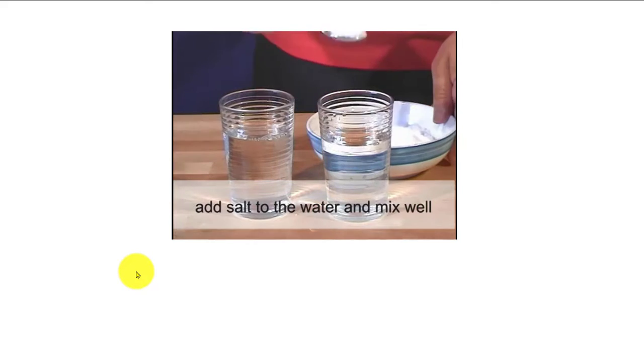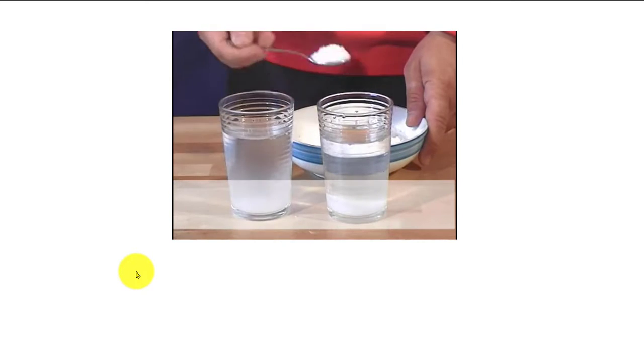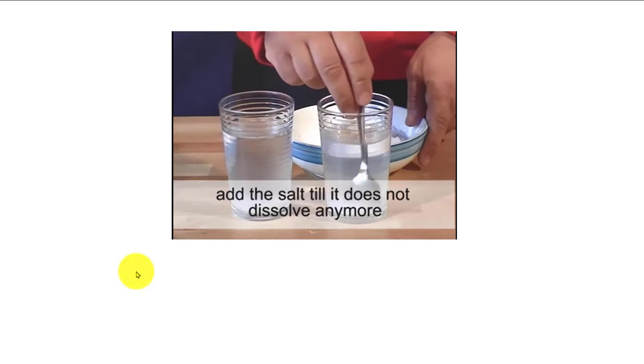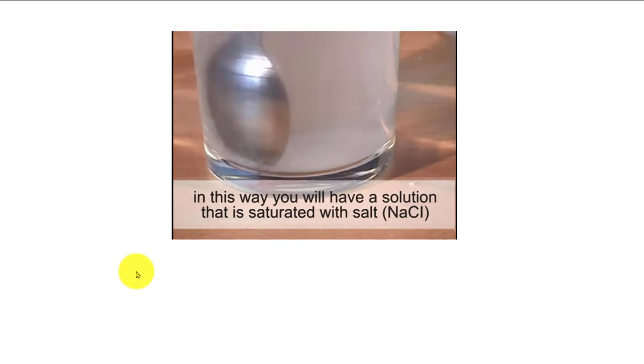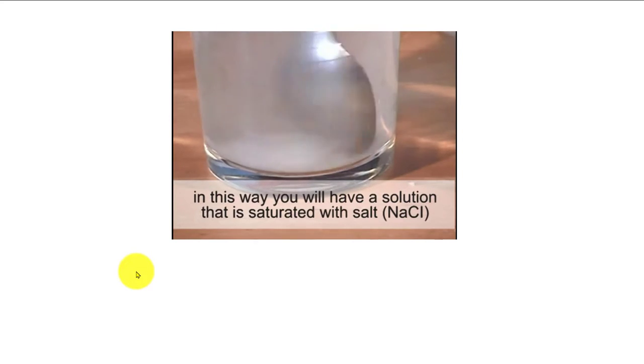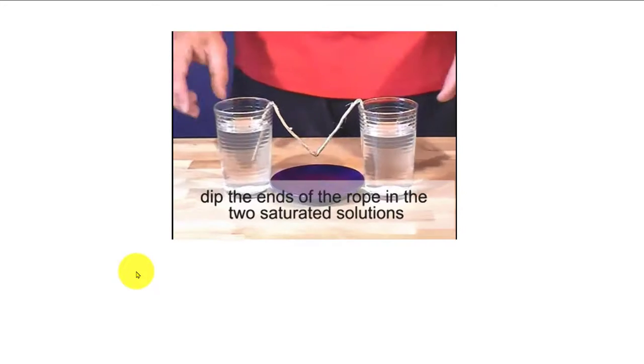Add salt, water, and mix well. Add the salt till it does not dissolve anymore. In this way, you will have a solution that is saturated with salt, NaCl. Dip the ends of the rope in the two saturated solutions.